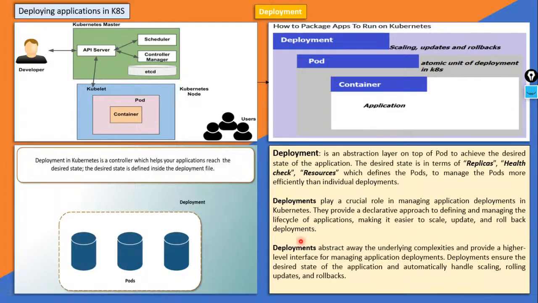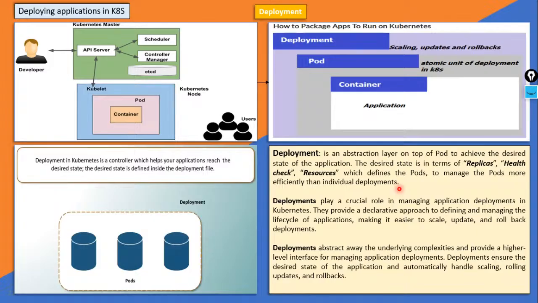I do not want to understand the complexities inherent within a Kubernetes cluster. That is the headache of the Kubernetes cluster itself. Why should I make my life complicated? So I will use deployment and provide a higher level interface for managing application deployments. Deployments ensure the desired state of the application and automatically handle scaling, rolling updates, and rollbacks.